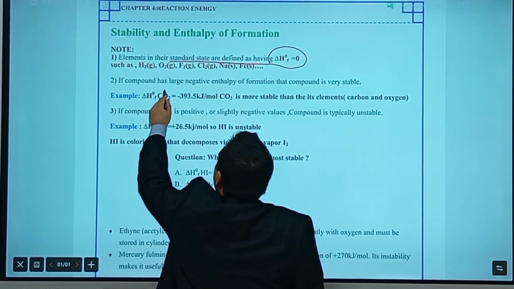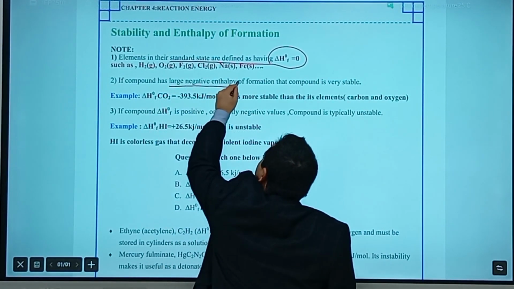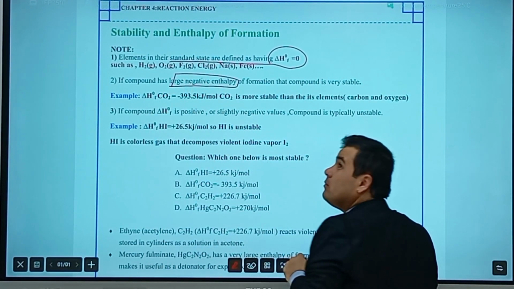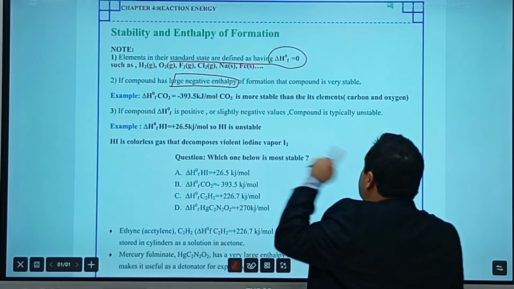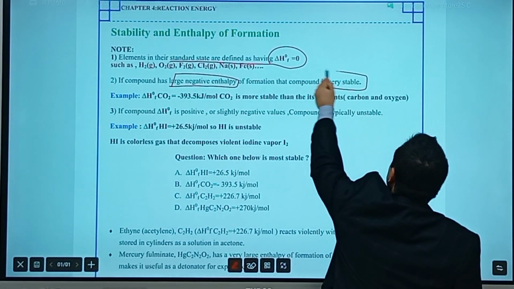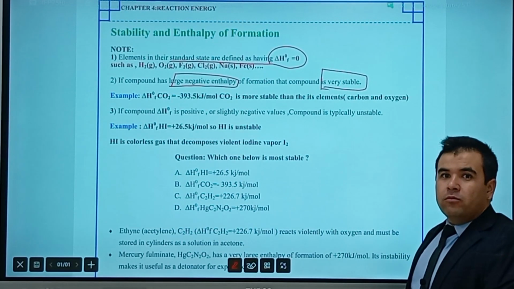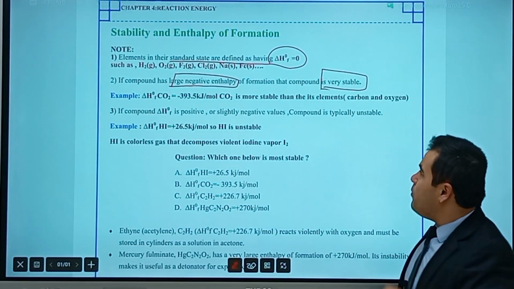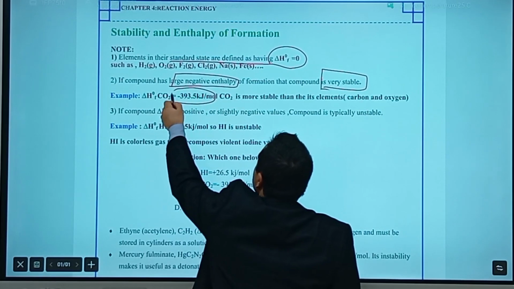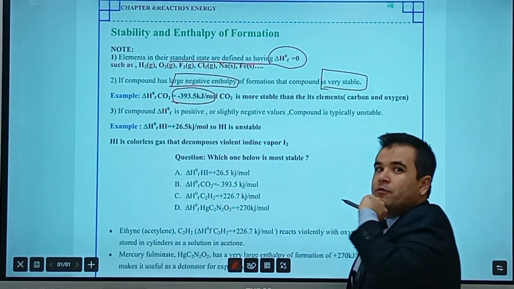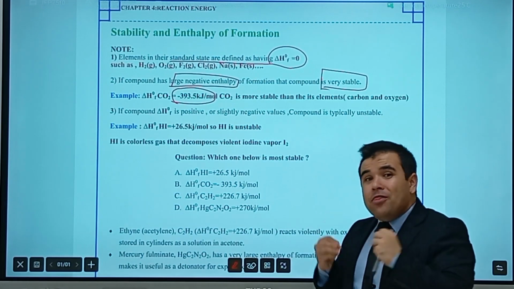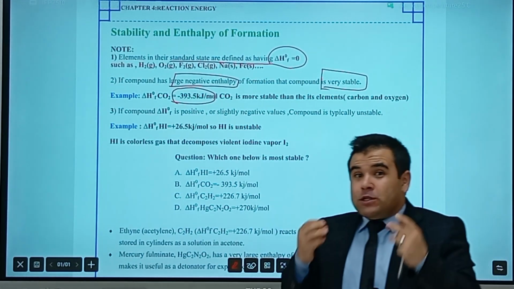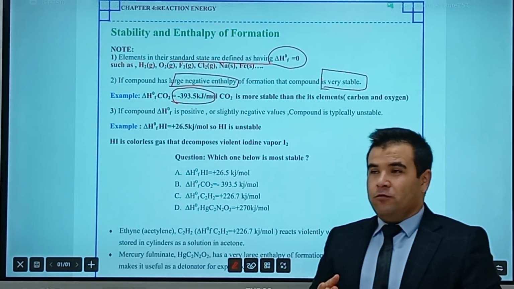Second, if a compound has a large negative enthalpy of formation, this represents that the formation of that compound is very stable. For example, the formation of CO2 is minus 393.5. It's a large negative enthalpy. And exothermic processes are usually stable. Why?